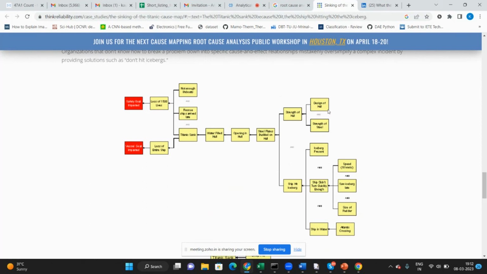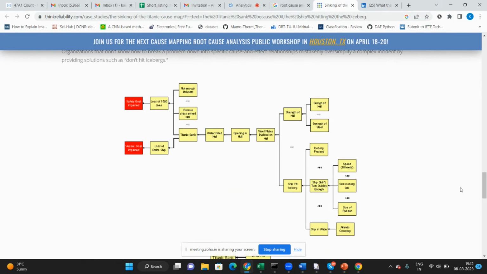or the design of the hull, whatever. Or I am very confident that the iceberg was not visible because of lack of binoculars and the speed of the ship. So I will focus only on that. Which I will pick is based on two things. One, what is your business telling about this?